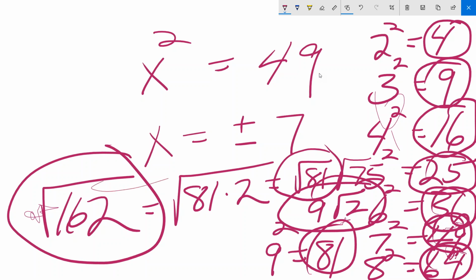In other words, I needed a factor of 162 that was a perfect square number. Well, my perfect square numbers were 81, 64, 49, and so forth. So I was able to find it because I knew them. You need to know them. It's something that's worth memorizing, what all of your single-digit perfect square numbers are.